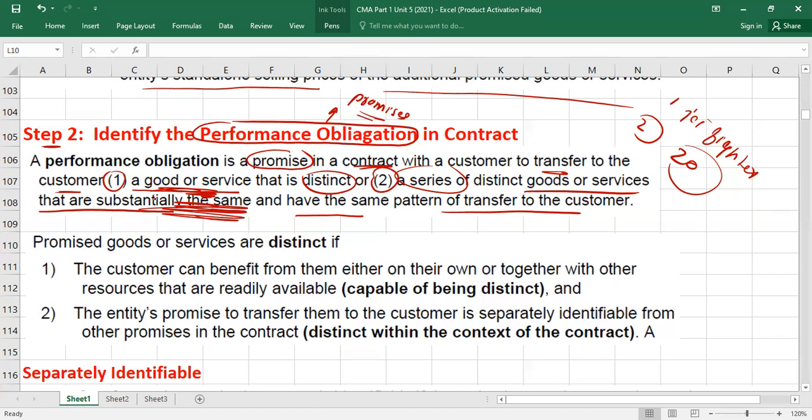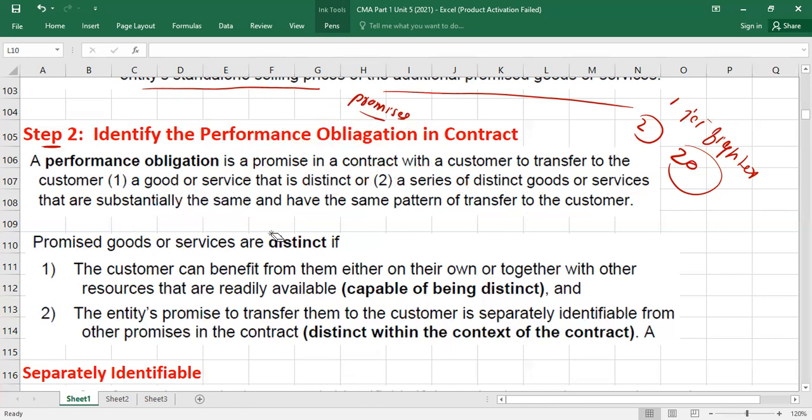But if you go through this whole statement, the word they have used is distinct. Now I want to explain distinct. Don't take tension because this is a bit hard to understand, but once I quote the example, you will understand what distinct goods and services are.